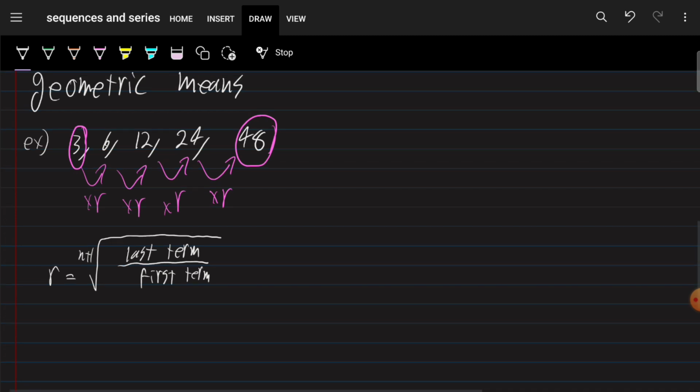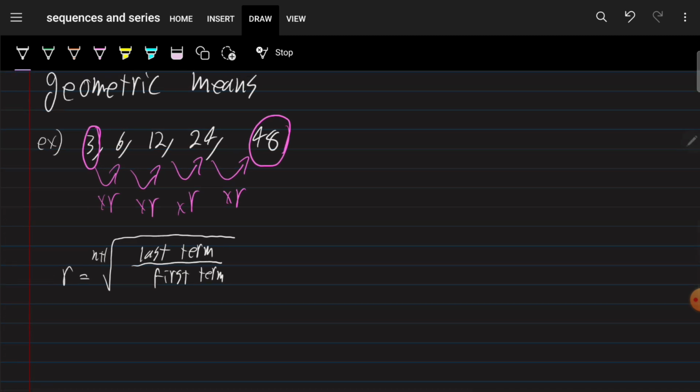Okay, so here's the logic behind this formula. We really have to keep in mind the definition of the geometric mean. We want to find some number of numbers that are evenly spaced out between 2 other numbers, so that each number is separated by a factor of r.